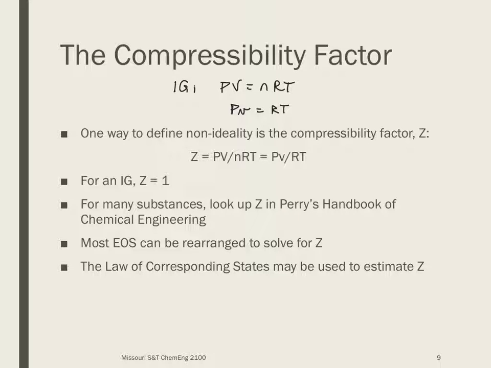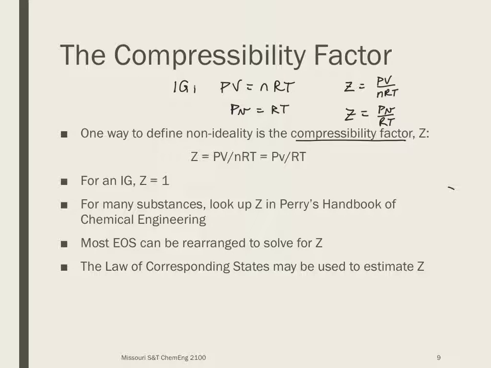But if this is not true, then we can quantify non-ideality as the ratio of PV over nRT, or equivalently P little v over RT. So this is Z, and it's called the compressibility factor. For an ideal gas, Z is going to be 1. For other substances, it won't be 1.